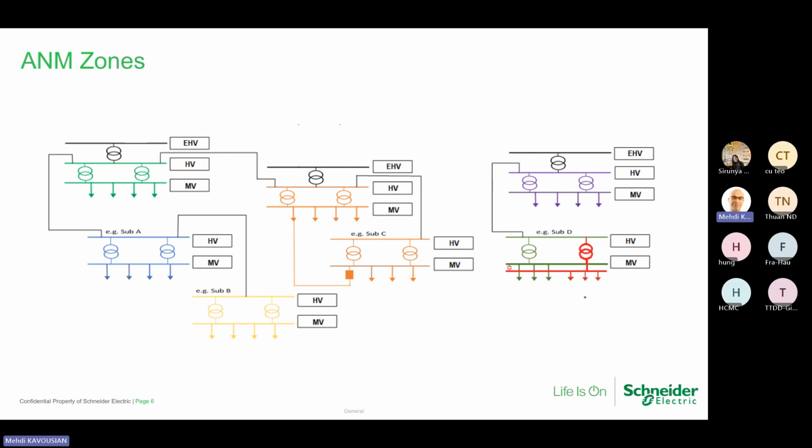Sometimes you have two substations and you tie between them. These will be done together because from a topology point of view, they are connected and run together. If you have one transformer between them and this bus tie switch is open, they are not electrically connected, so you can say this is one zone and this is one zone.